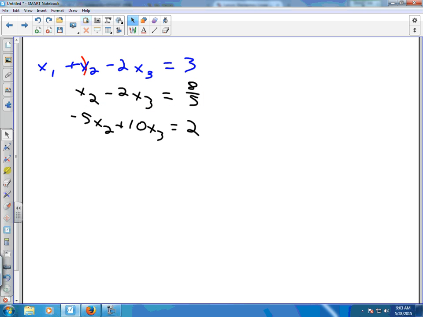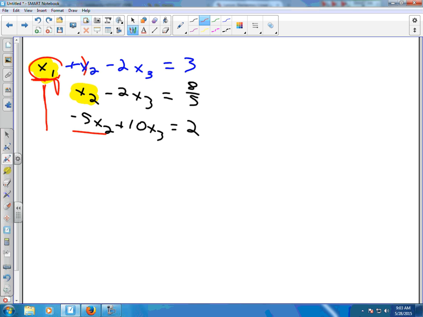Alright, so we have a pivot in the first column, we have a pivot there. So now let's get a 0 underneath there. Going back to Gauss elimination, we got everything underneath there zeros. So we got a 1x1, and then we made all the other x1s go away. Then we got a 1x2 in the next row, and we want to make what's underneath it go away.